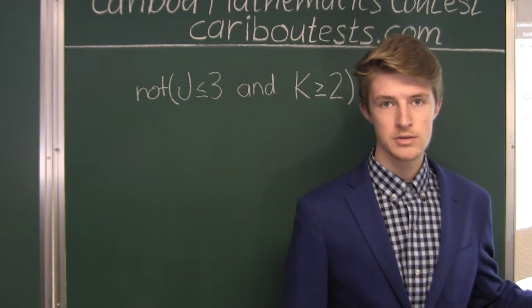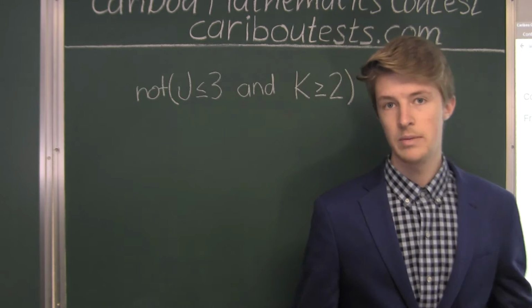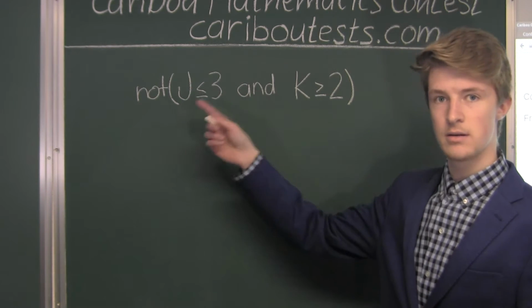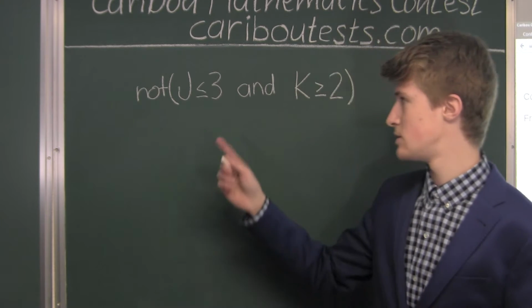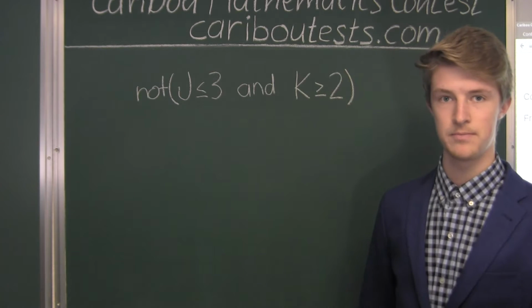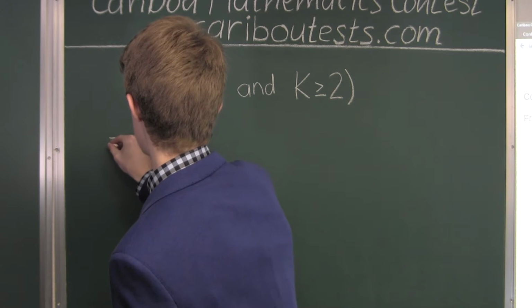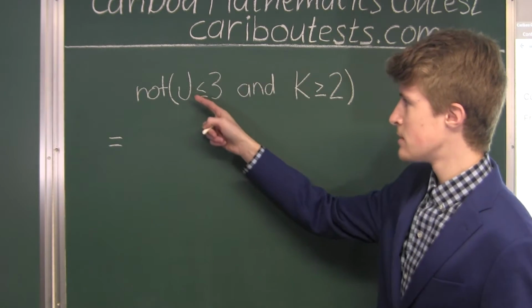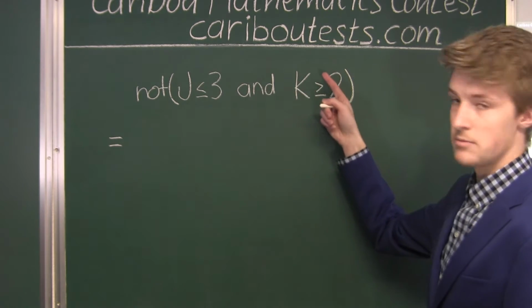Well, in order to identify this correct option, we must reformulate this statement so that we can find the equivalent option. Now, for this to be true, we needed this and this to be true.